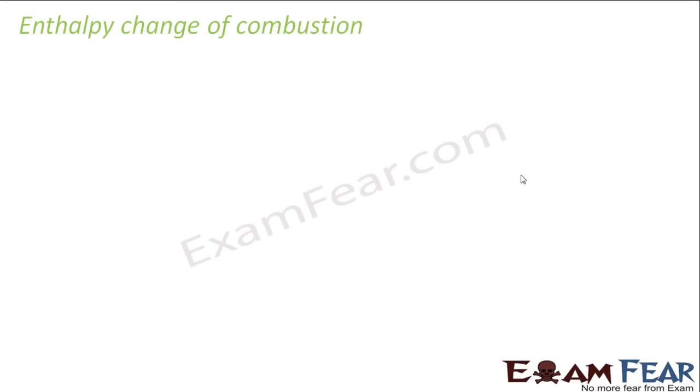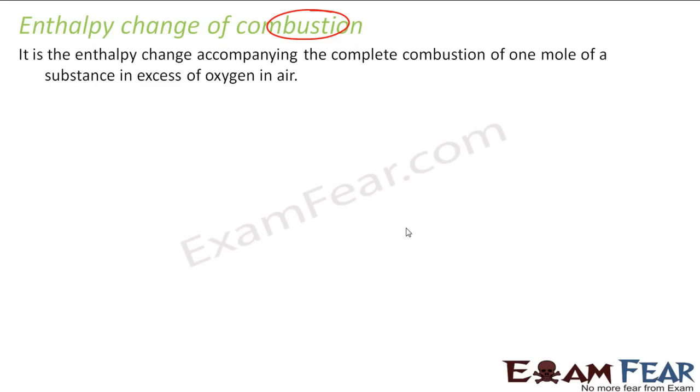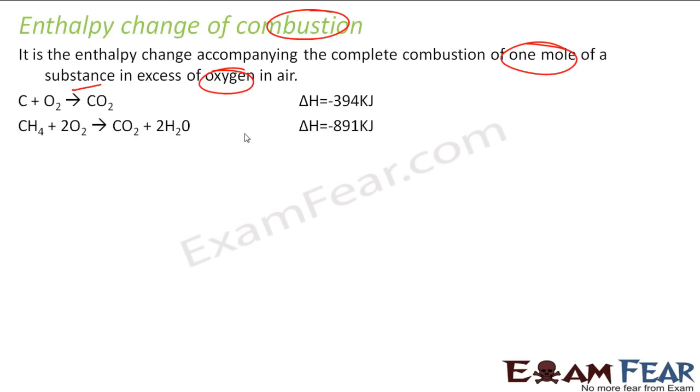As I told, the enthalpy change of combustion is also part of reaction, a subcategory of reaction. So when do we study enthalpy change of combustion? When complete combustion takes place for 1 mole of substance in excess of oxygen. Example, carbon, you burn with excess oxygen, gives CO2. Delta H is minus 394 kilojoule for 1 mole of carbon.